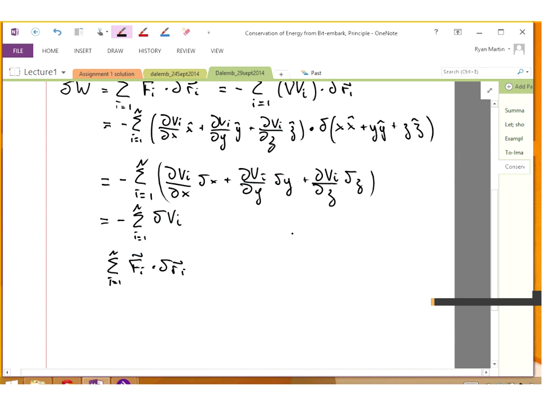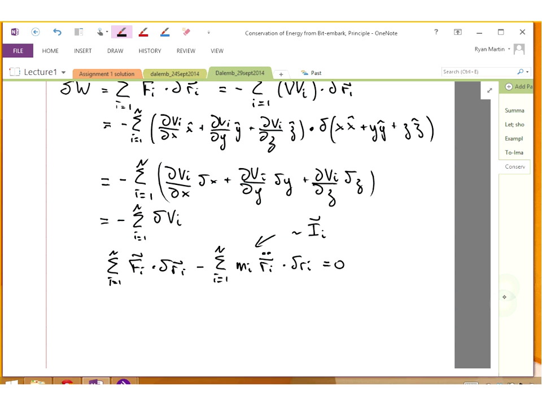Right? This second term here is what we were calling the inertial force. So this is just Newton's second law, or the principle of virtual work applied to Newton's second law.